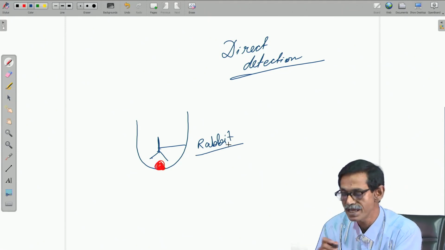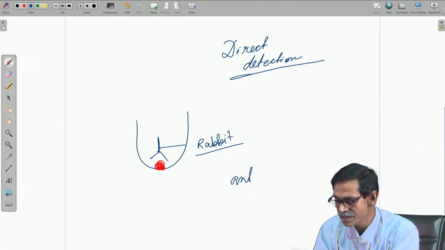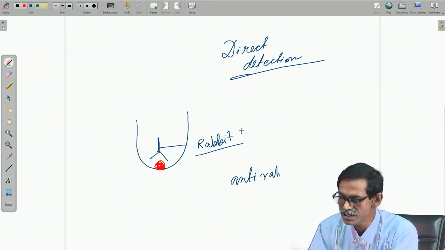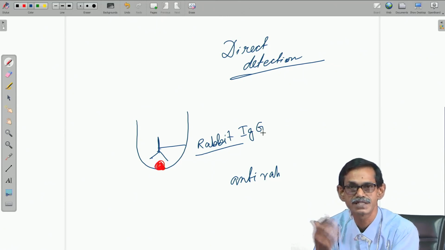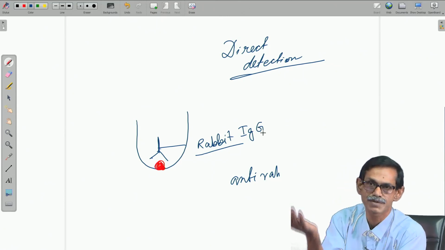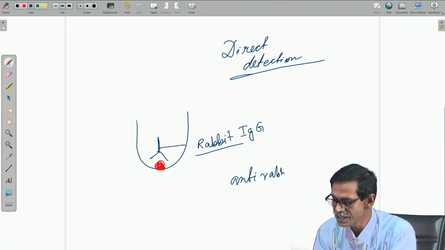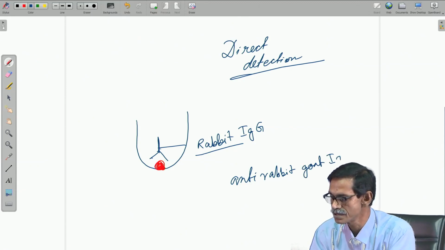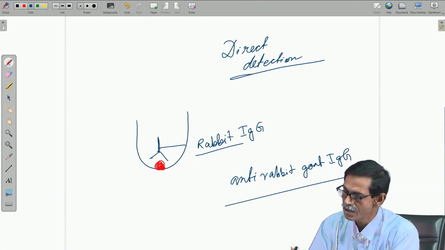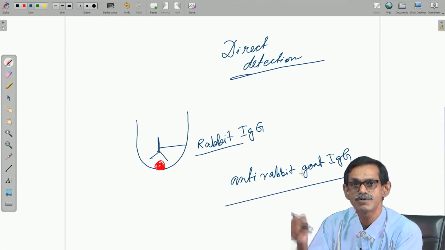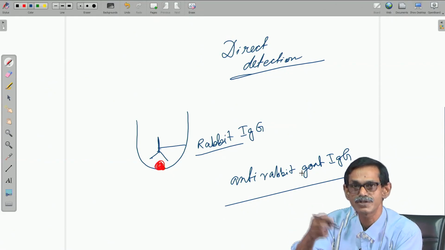So, I can buy anti-rabbit, suppose this is rabbit IgG, you raise the antibody in rabbit, and after booster, the first booster is mostly IgG. So, you can buy anti-rabbit, say goat IgG. That means rabbit IgG was injected in goat and antibody was raised.